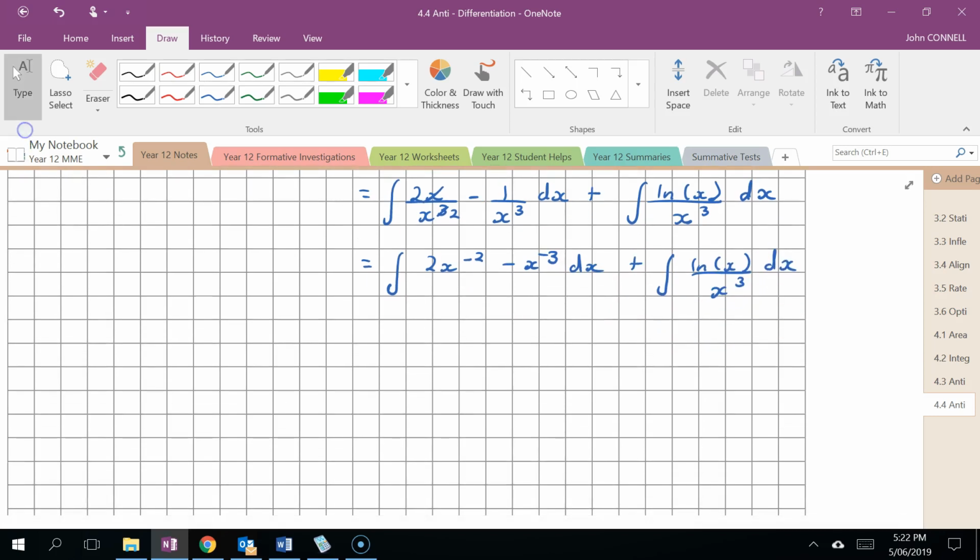Okay, so adding 1 then dividing by the new power. So I add 1 here, that'll give me x to the minus 1. I'll have a 2 out the front, divide by minus 1.